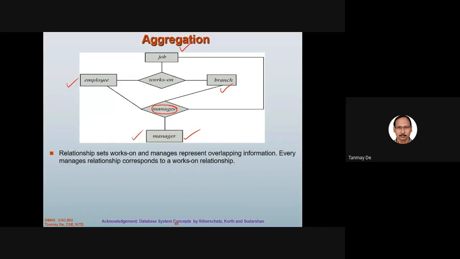Relationships here mean either binary relationships between two entity sets, or more than two, either ternary or, in this example, four. But there is no way we can draw a relationship between two relationships. So for that we can create two separate relationships here.